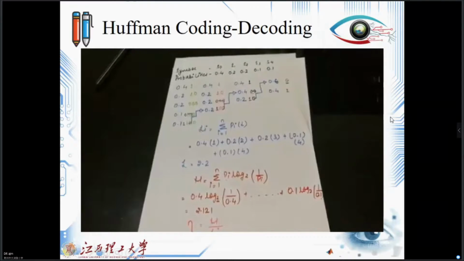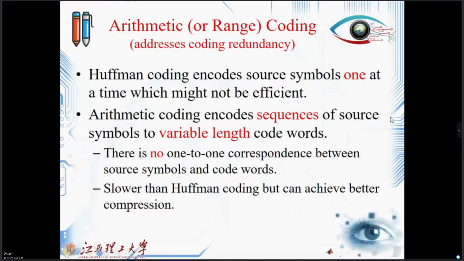Okay. The next method for coding is arithmetic or range coding. People sometimes call it address coding redundancy. You know, Huffman coding encodes the source symbols one at a time, which might not be efficient.